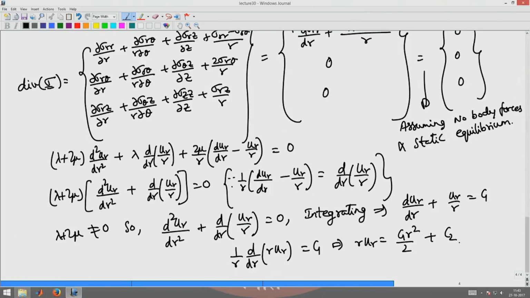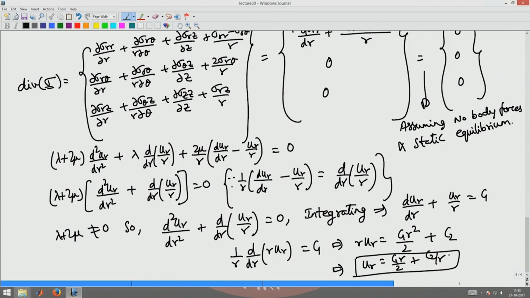Okay. From here I get u of r to be C1 r by 2 plus C2 by r. Where I have to find the constants C1 and C2 from the boundary conditions.